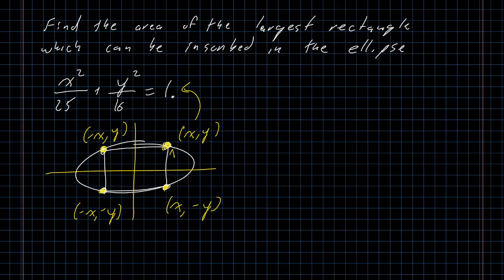But with those coordinates, the length and width of this rectangle are not just x and y. To go from minus x to x, that's a distance of 2x. And to go from minus y to y, that's a distance of 2y.